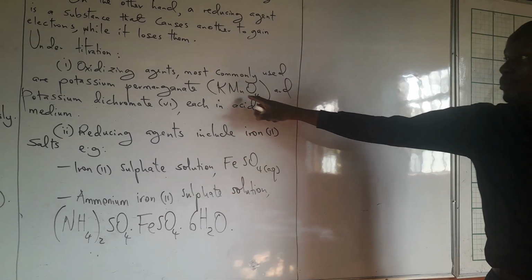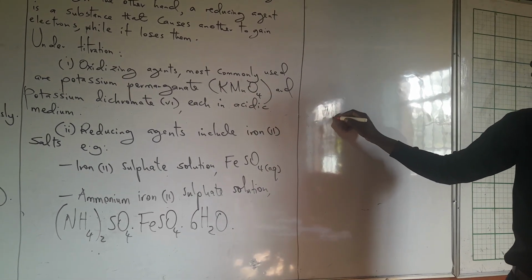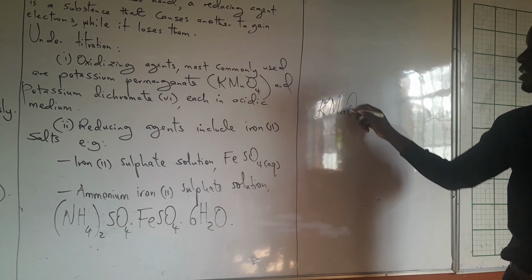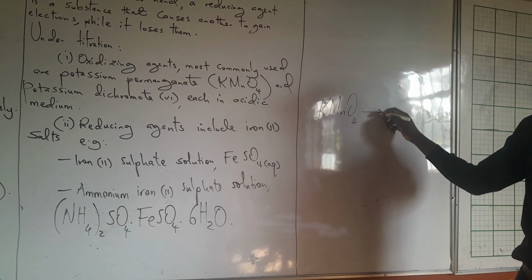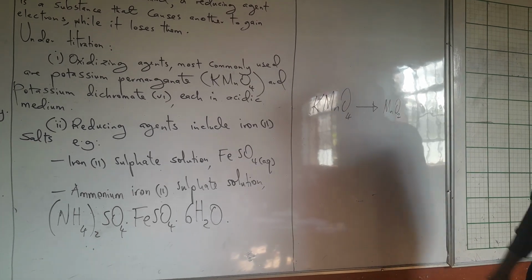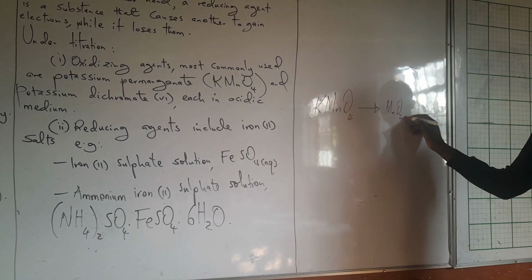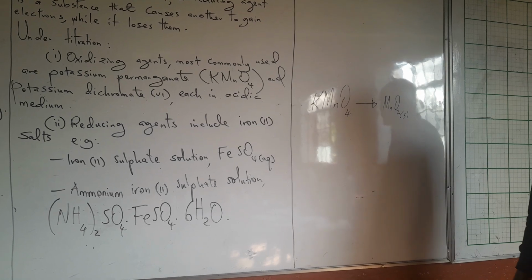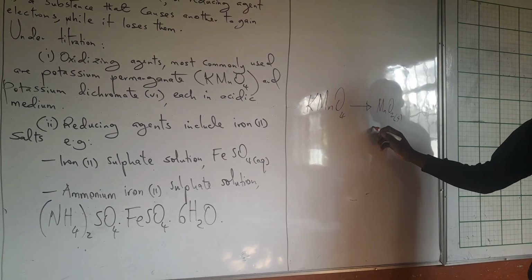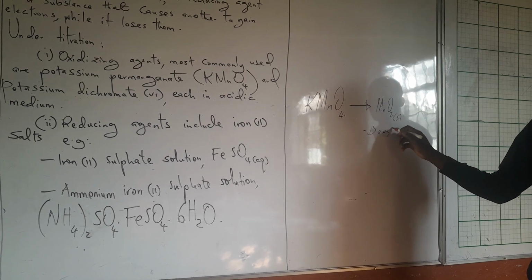For example, potassium permanganate in its neutral form, without the acidic medium, forms an insoluble substance called manganese(IV) oxide. Manganese(IV) oxide prevents further reaction.